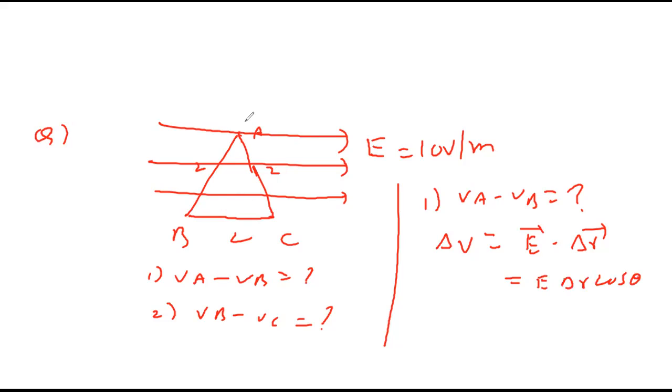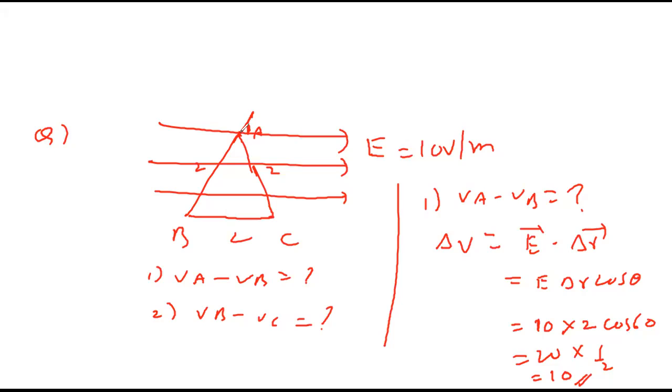What is the angle between A to B and E? This angle is 60 degree. So it will become E 10, A to B distance 2, and the acute angle between them is cos of 60. That means 20 into half, which equals 10.